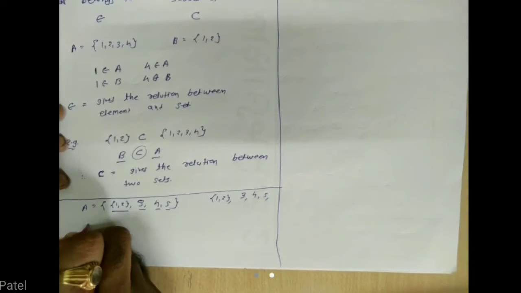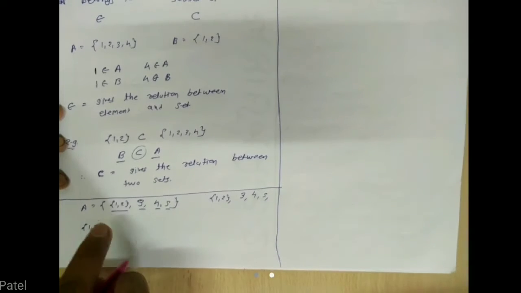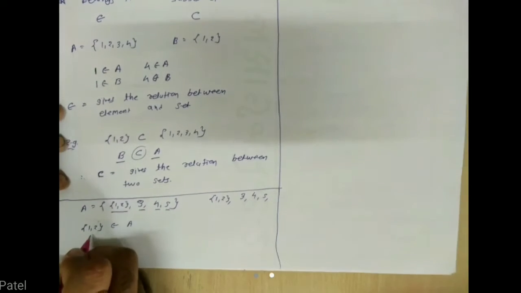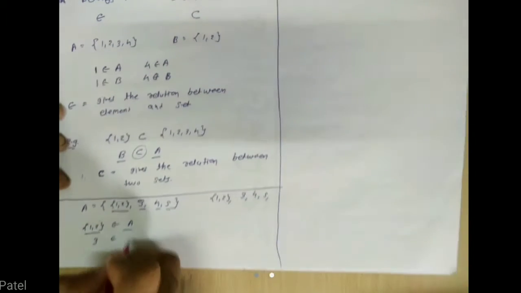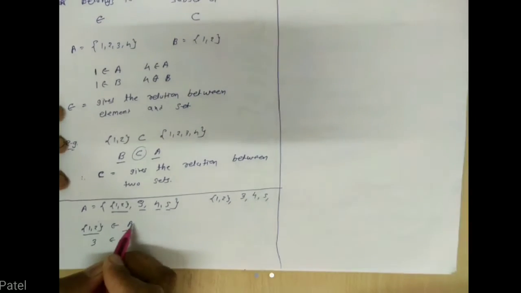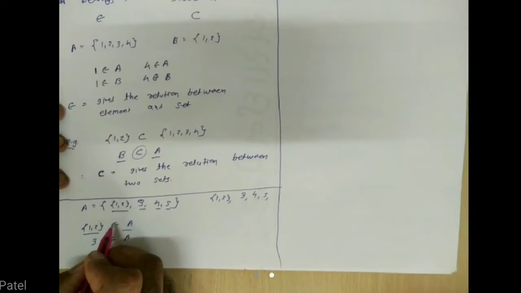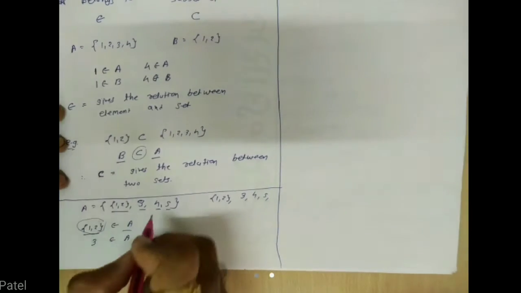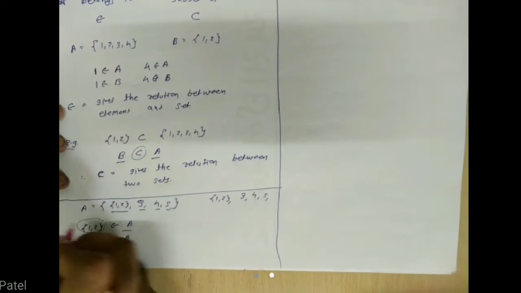So here we can say that set {1, 2} is nothing but one element of set A, which belongs to set A. So here you have to use belongs to sign, or we can say 3 belongs to set A. So this belongs to sign looks like it gives a relationship between two sets, but this one is not a set in this context.